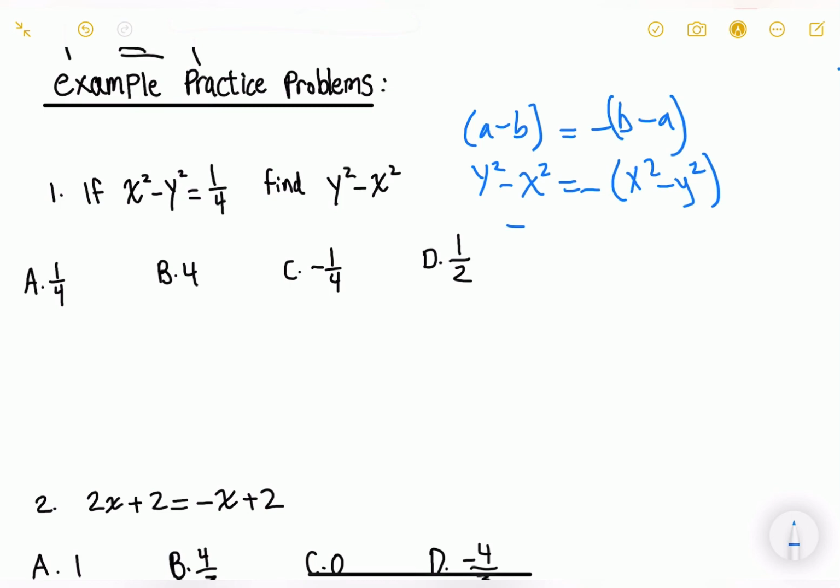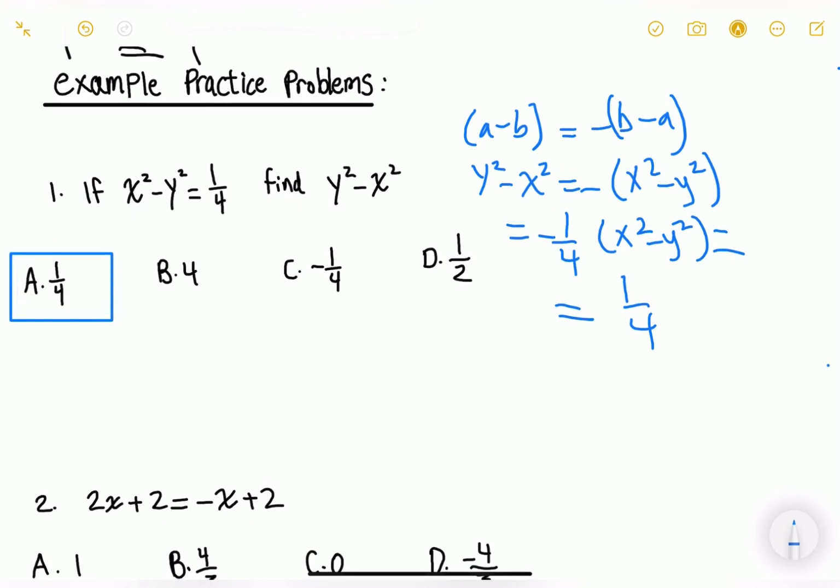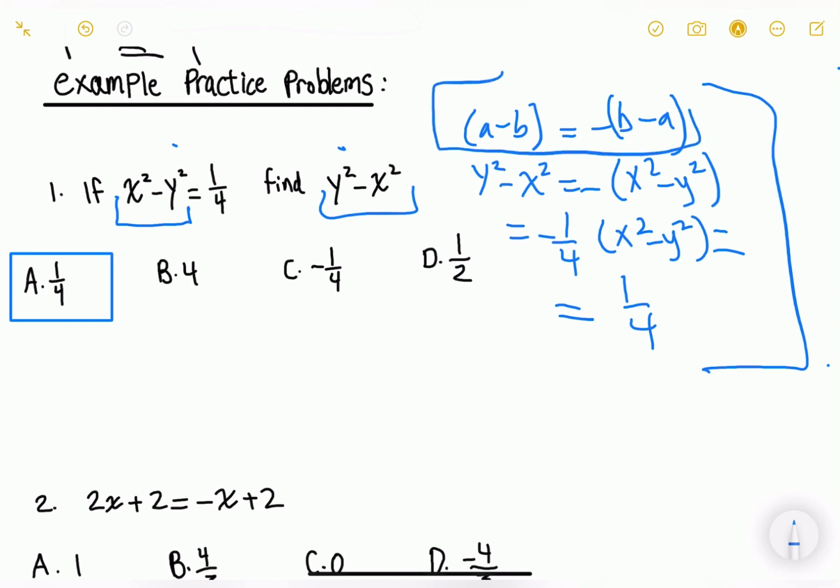So it's going to equal negative 1 over 4, and then you have the x squared minus y squared, and all of it is going to equal 1 over 4, which means our answer in this case is A. If you guys were confused, we said in the note that this is going to equal this, meaning we don't really have to do all the work, but for reference, this equals this because of this rule. So now we know that our answer is A.